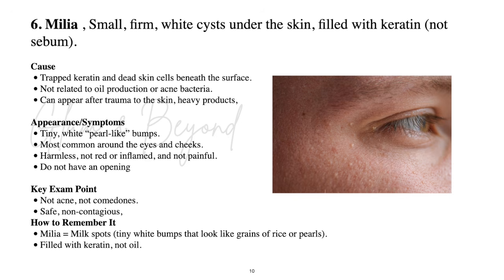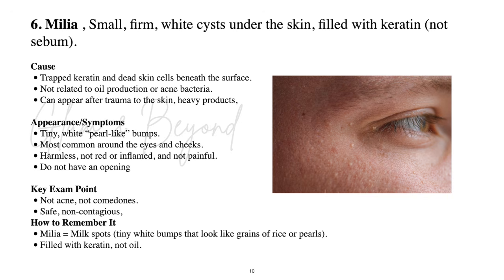Number 6, milia. Milia is a small, firm, white cyst under the skin filled with keratin, not sebum. Cause: it is trapped keratin and dead skin cells beneath the surface. Not related to oil production or acne bacteria.